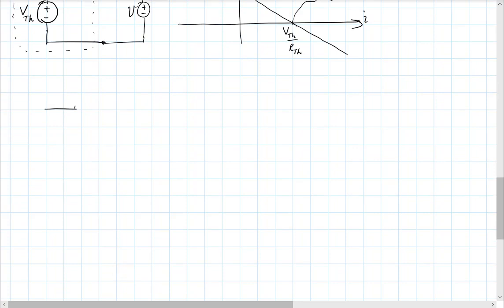So this is actually our general circuit. You have 2 wires sticking out, and you have many elements in here.